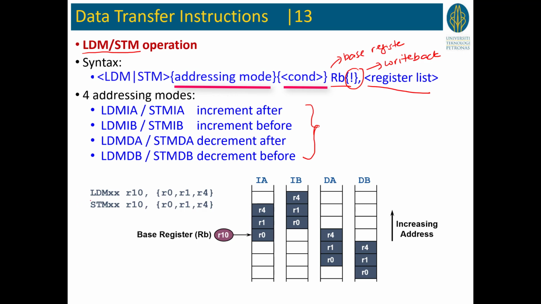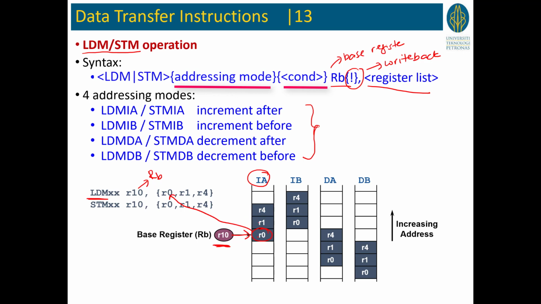Now let's look at what happens if you use the load multiple. And remember, this is your base register Rb, and it contains the address of the memory location where you want to start from. So R10 contains the address, and let's say it is pointing to this particular memory location. Now, if you are using the addressing mode increment after, and you are loading, meaning that you are loading from the memory into the registers, the contents from the base register address are going to be loaded into R0.